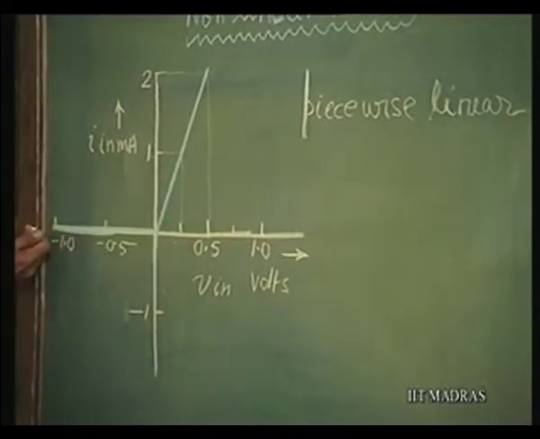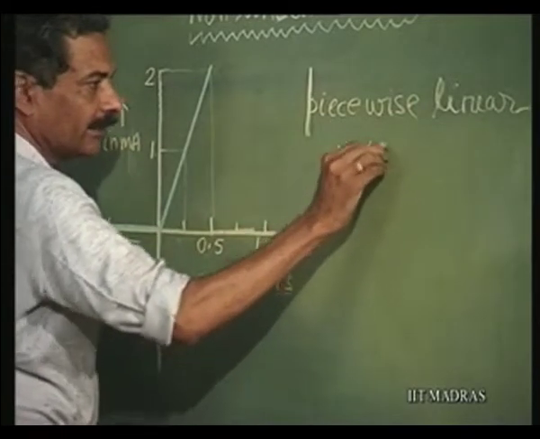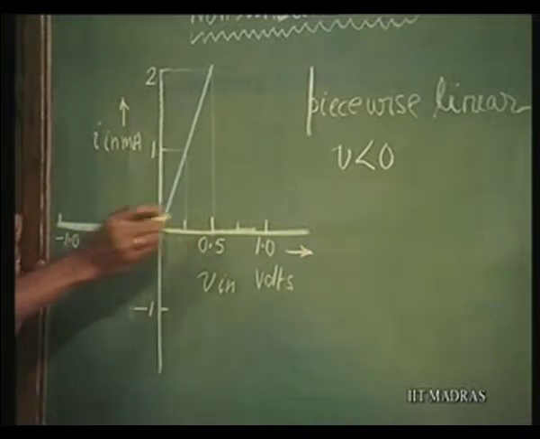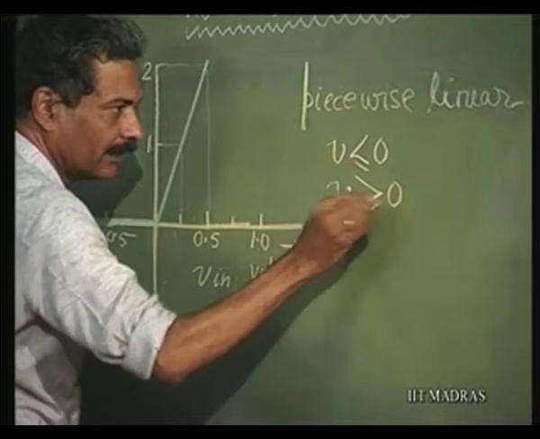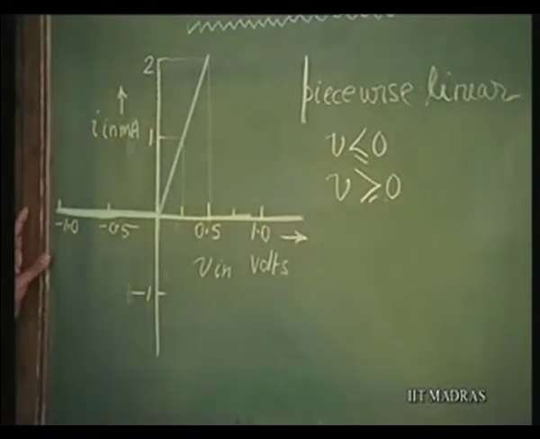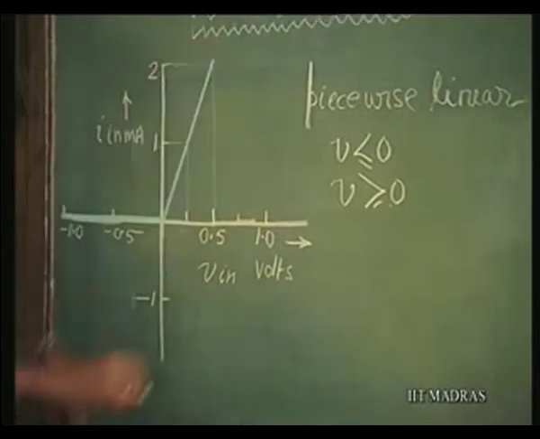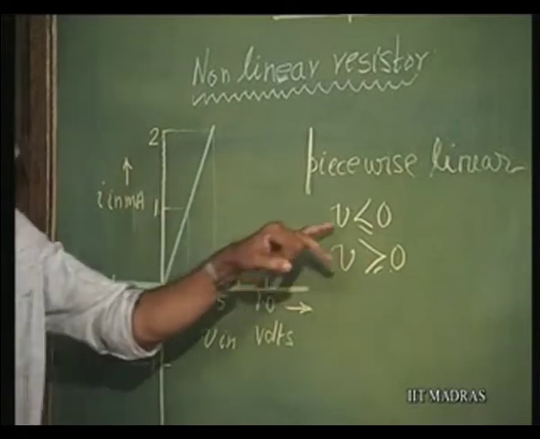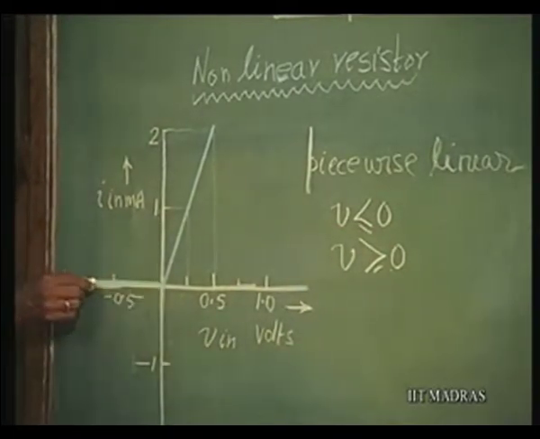This is one range, that is, for V less than 0, it has some property. For V greater than 0, it has some other property. So, that is why it is called non-linear resistor. Now, for V less than 0, I is always going to be equal to 0.